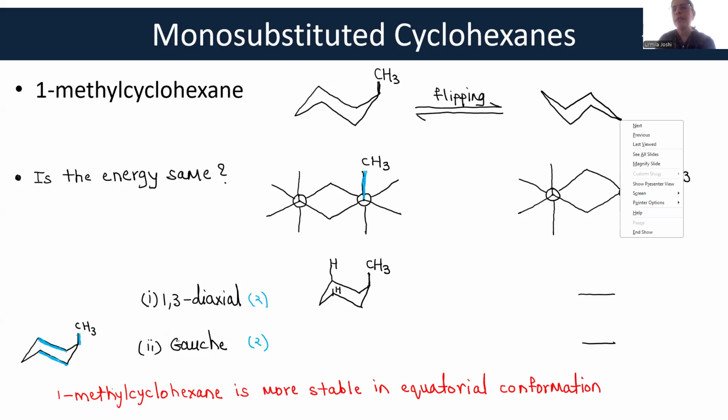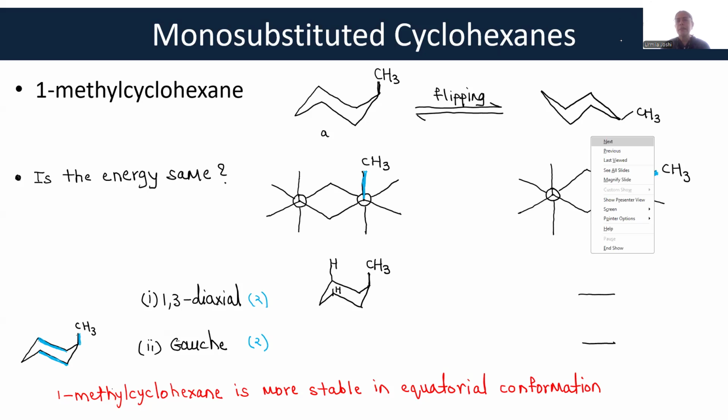So it is going to be this carbon. Then this bond is pointing upwards. It will remain pointing upwards. And so axial becomes equatorial. So this is an axial structure. Methyl group is in axial form. Here the methyl group is in equatorial form.